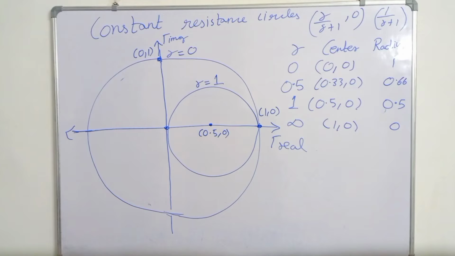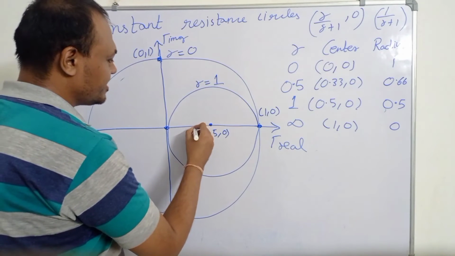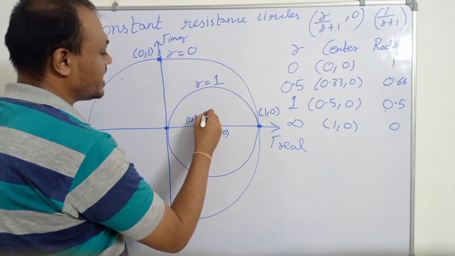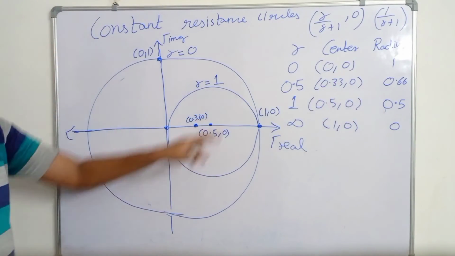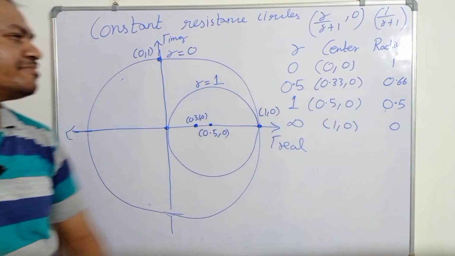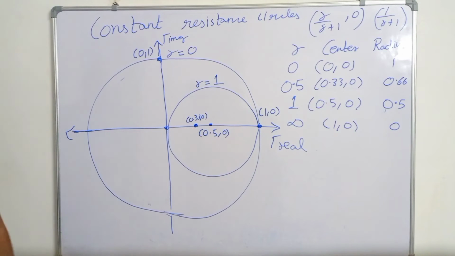Now if you draw for r equal to 0.5, the center will be 0.33 comma 0 and the radius will be 0.66.